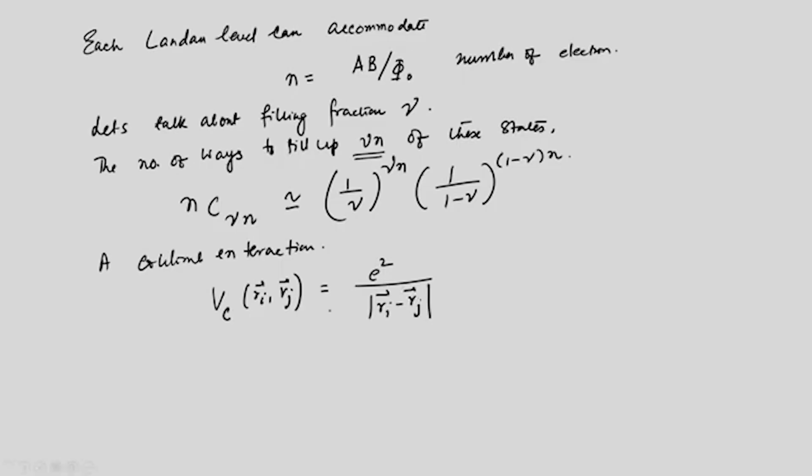You see there's a positive sign, which means that the electrons are repulsive in nature. So it doesn't depend upon the individual Ri and Rj, rather it depends upon Ri minus Rj, and the magnitude of that is in the denominator.